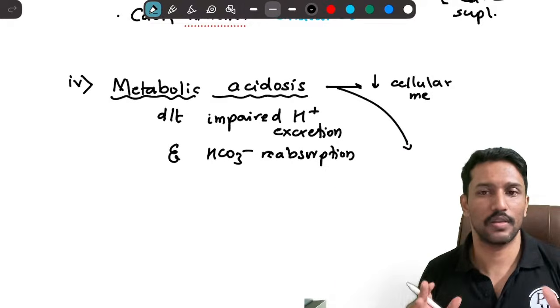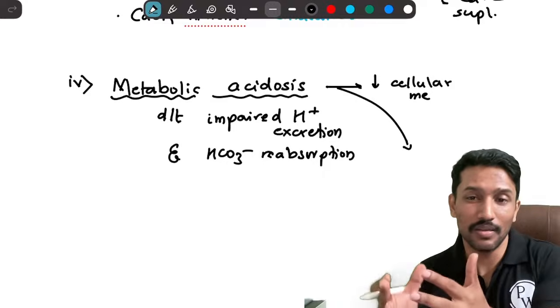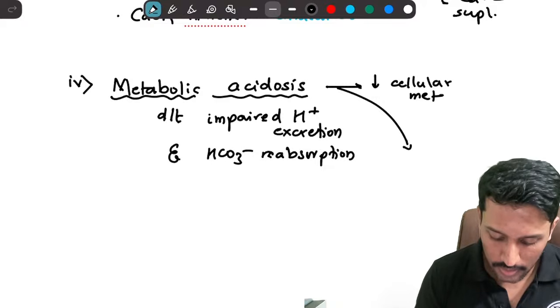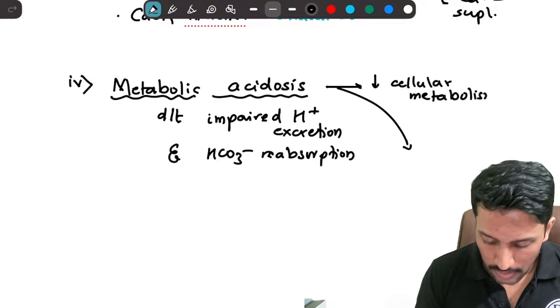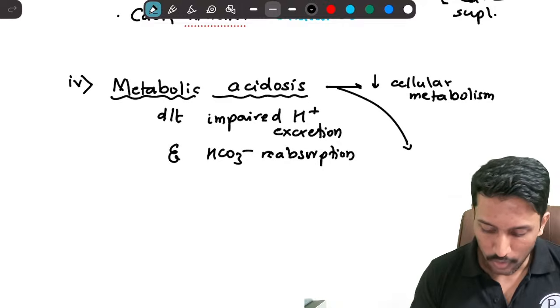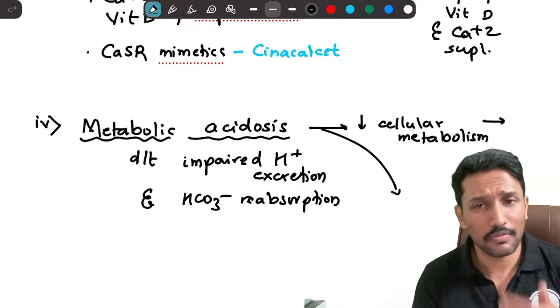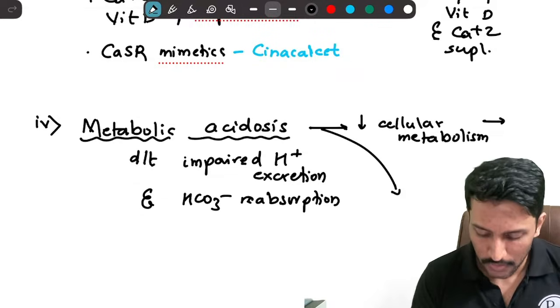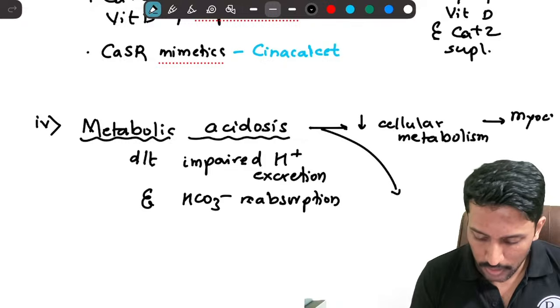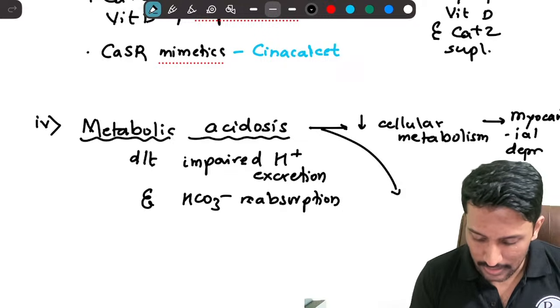Higher than this or lower than this, these biochemical processes don't run normally. This decreased cellular metabolism often results in myocardial depression, because heart cells also have constant metabolism going on. Myocardial depression means the cellular activity of myocardial cells decreases.